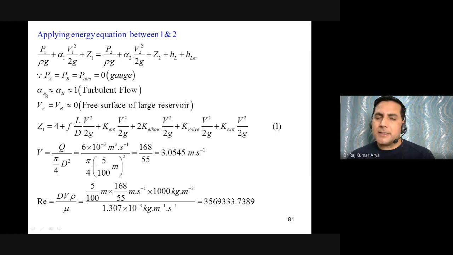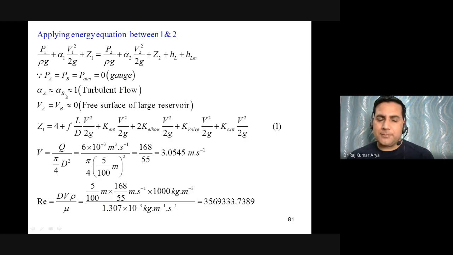Kinetic energy correction factors, we are always considering 1, considering the turbulent flow. VA equal to VB means that is also equal to 0, the free surface of the large tank. So these are always the considerations in case of open surfaces. These three considerations are always true. Kinetic energy correction, we are taking always 1 because all real flows are turbulent flows only.